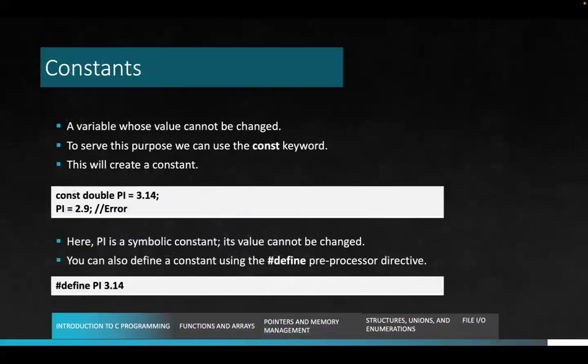Next is constants. A variable whose value cannot be changed. Let's say you are telling an apple is 10 rupees and this apple is 10 rupees forever. Then a particular person buys 10 apples, another person buys 20 apples, another person buys 100 apples. If you want to bill them, then you need a calculator.